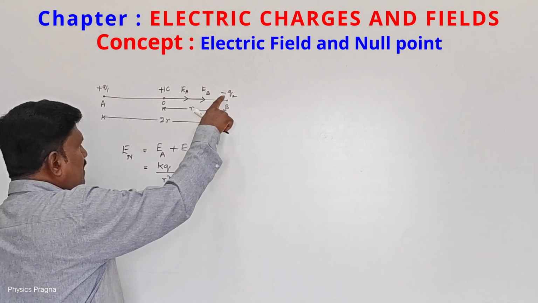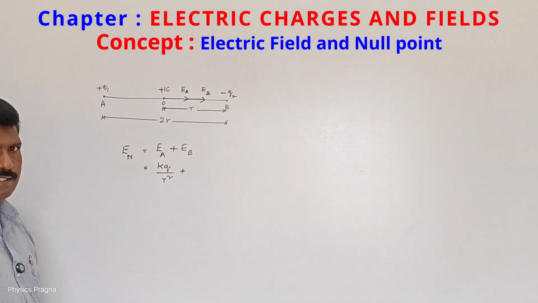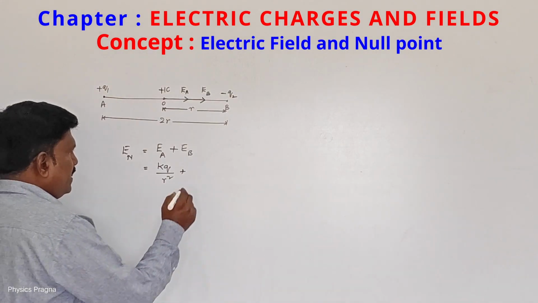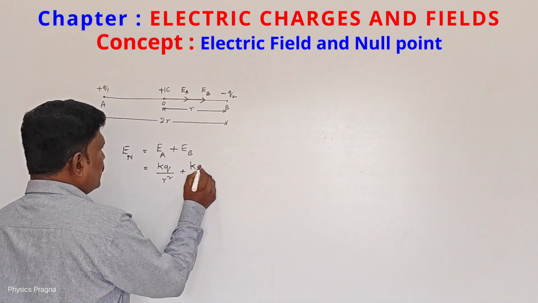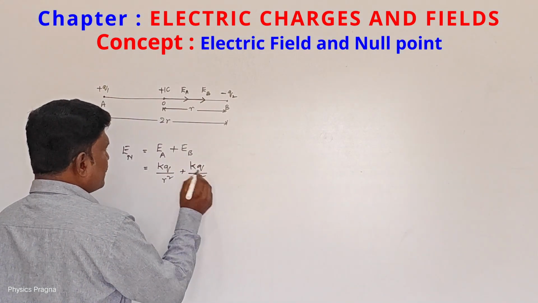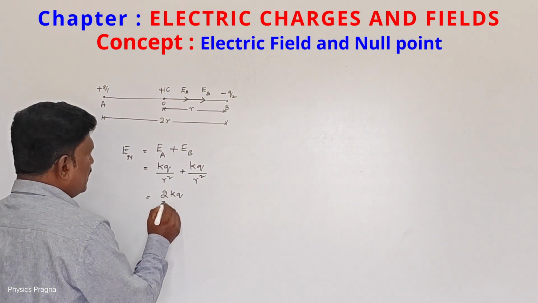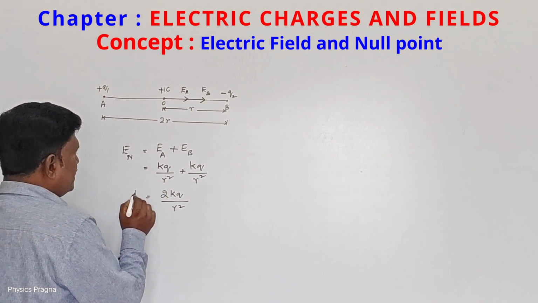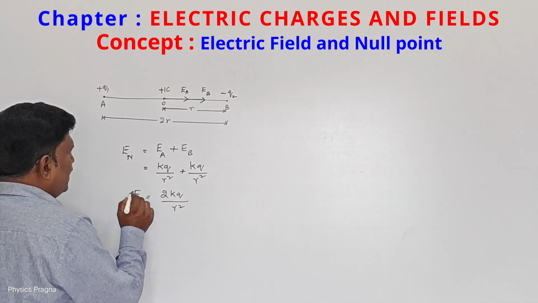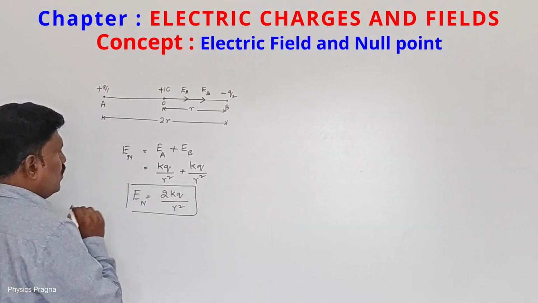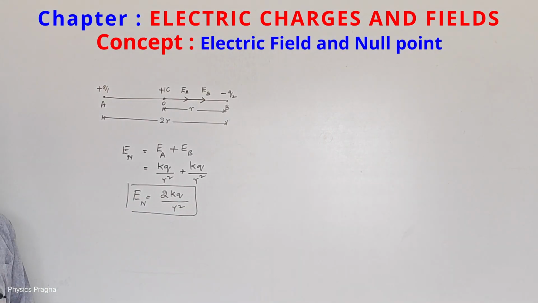When we are adding, you should not write the negative sign. Be careful on this point. Plus kQ by r square. So the net electric field is 2kQ by r square. This is the net electric field at point O. Like this, we can calculate.